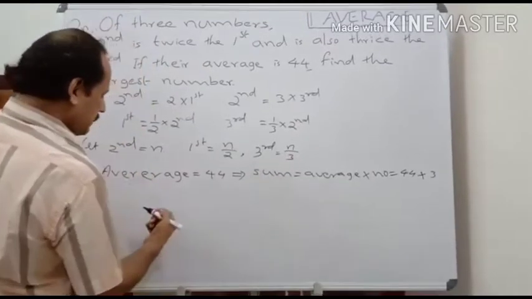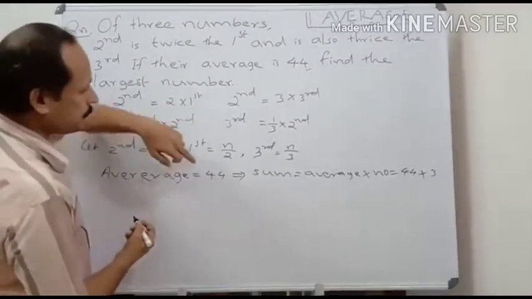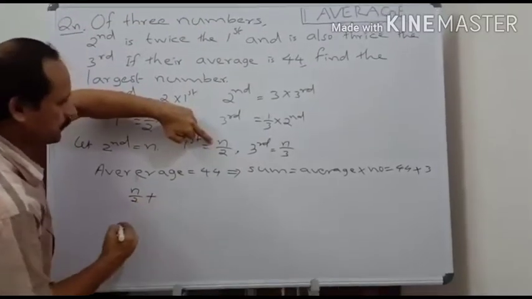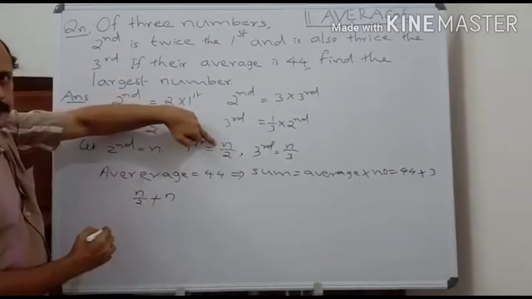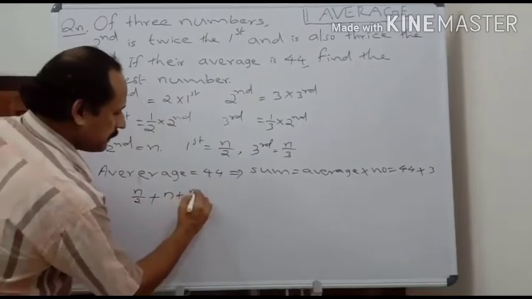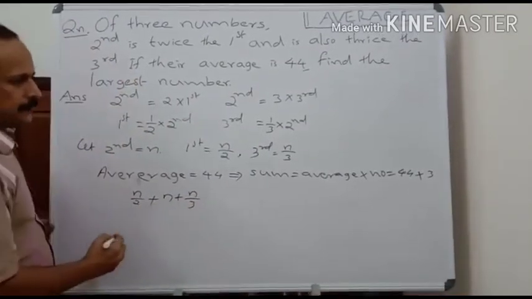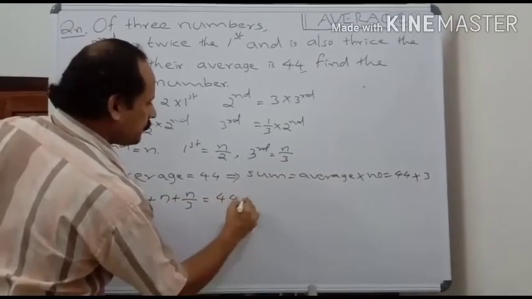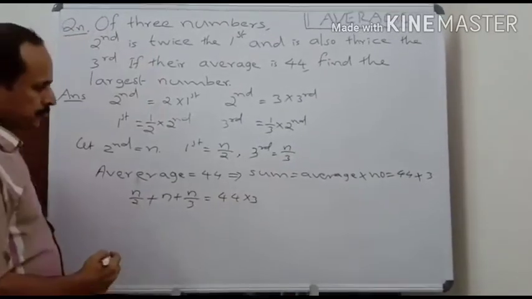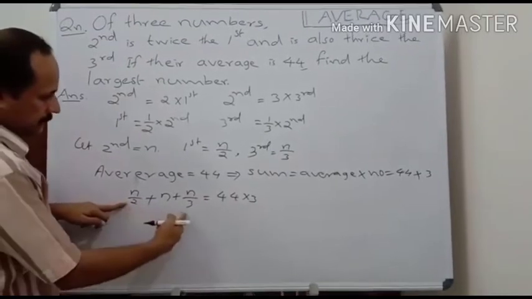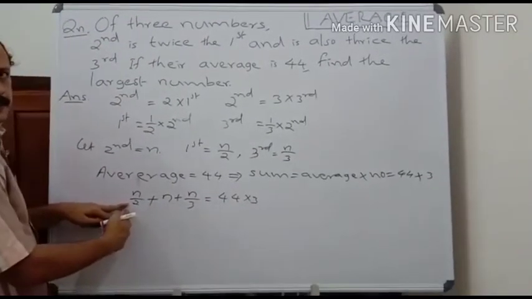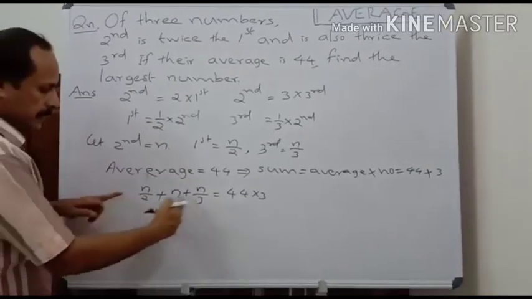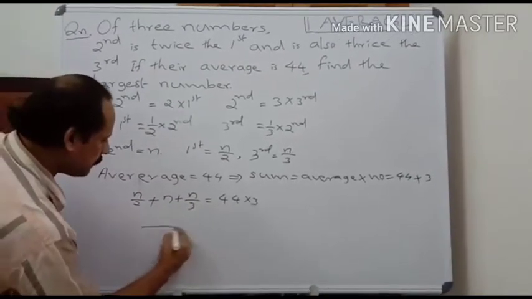And what is their sum? The numbers are n by 2, n, and n by 3, and that is equal to 44 into 3. And here we have fractions. To simplify this, take the LCM. What is their LCM?